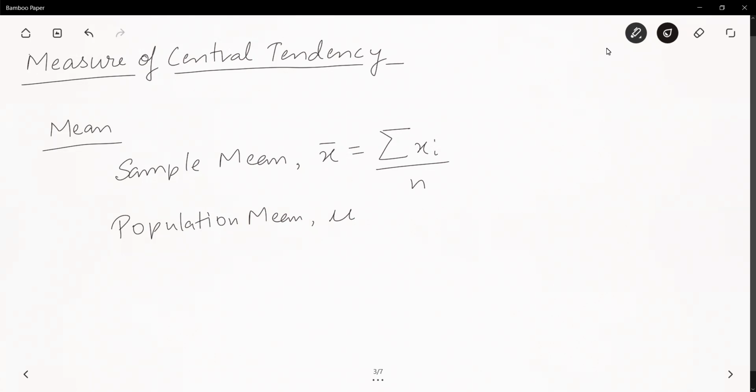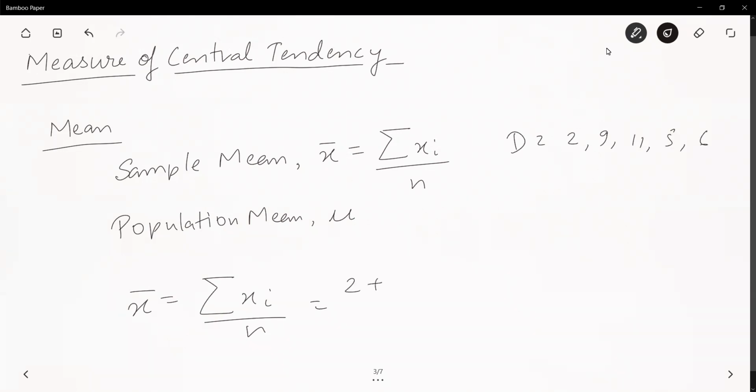Now if I take a very simple example, to find the sample mean of a data set, summation of xi divided by n, suppose I have this data set: 2, 9, 11, 5, and 6.